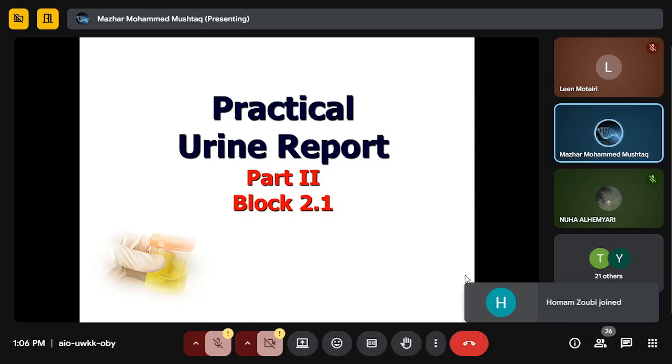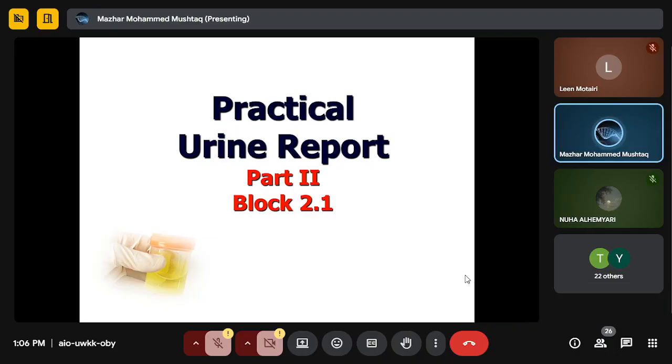Number three, when you go to the third year, inshallah, you will do the urine report by yourself. With the dipstick, you will be given synthetic urine samples, and you are going to do the analysis by yourself and give us the report.